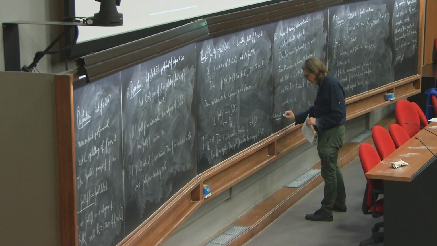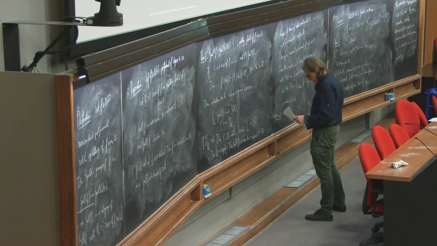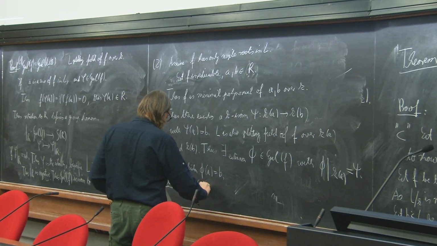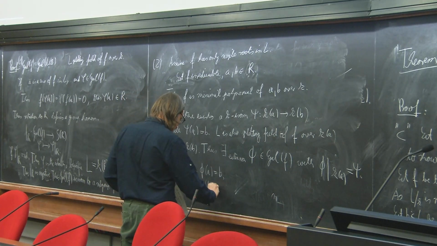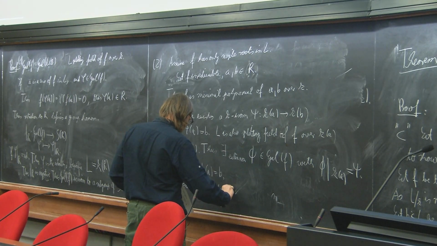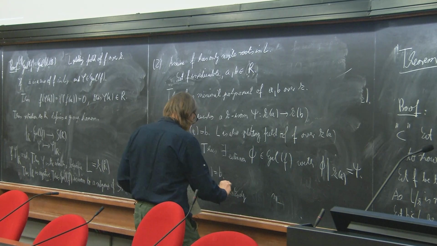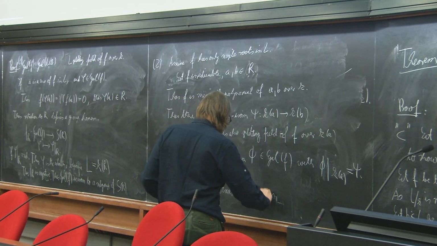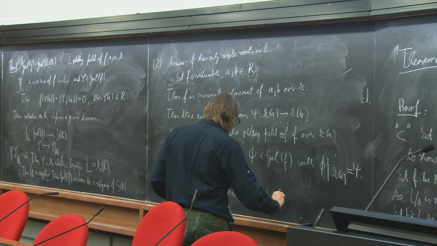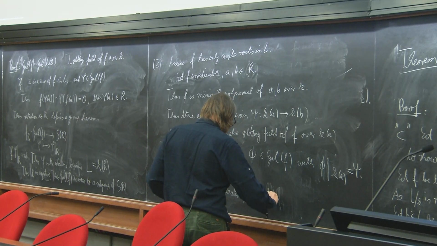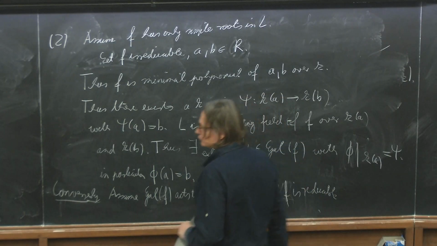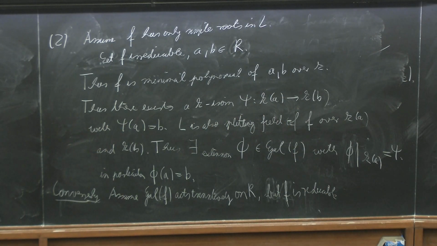So assume, we do some kind of contraposition, that the Galois group of F acts transitively but F is reducible. We have to show that the assumption we make here is wrong, then we have to show that not all the roots of F are distinct, that F has multiple roots.